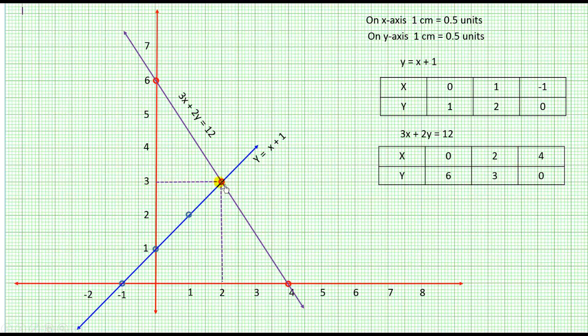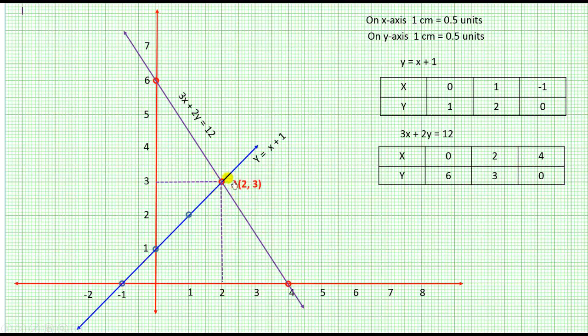Now we have to write the coordinates of the vertices of the triangle formed by these two lines and the x-axis. These are the two lines and this is the x-axis, and the triangle formed by these 3 lines is this.